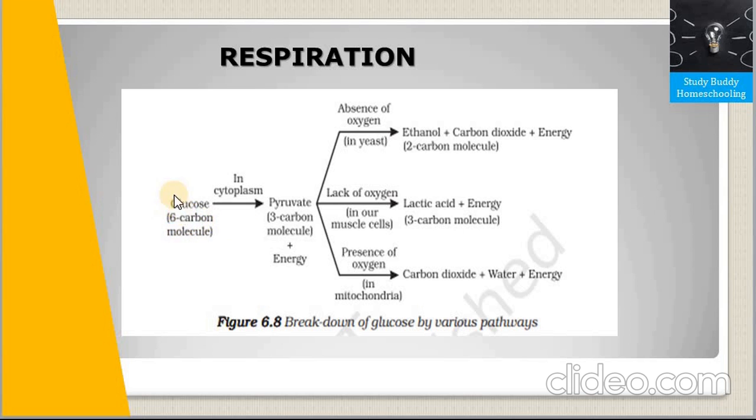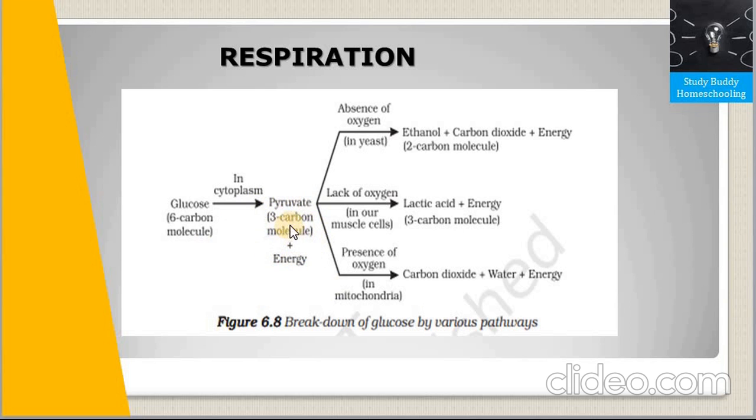We know glucose formula is C6H12O6. So, this glucose, which is a 6-carbon molecule, gets broken down into pyruvate, which is a 3-carbon molecule with the release of some energy. So, this step happens in the cytoplasm of the cell. Here comes 3 scenarios.